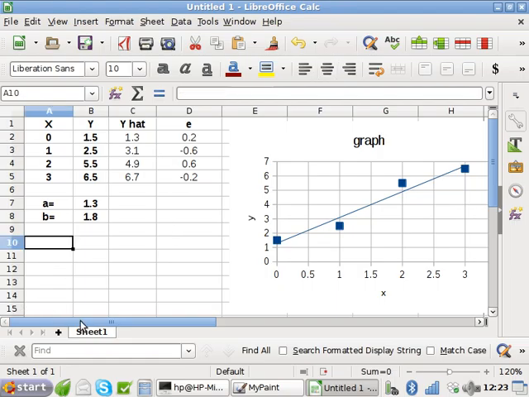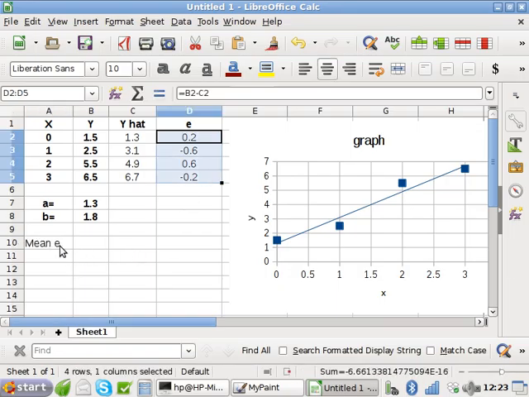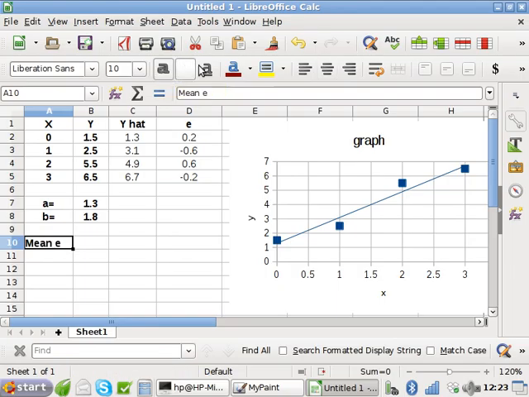Right, now, you should be able to tell me this without calculating it, but what is the mean of the residuals here? Yeah, what is it? The mean of the residuals, the e's. Somebody said it? It's 0.